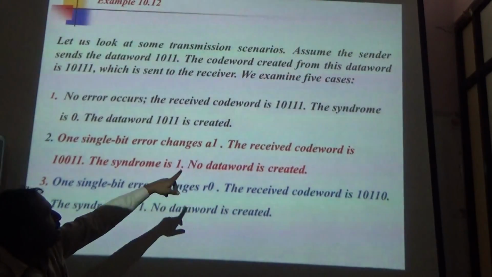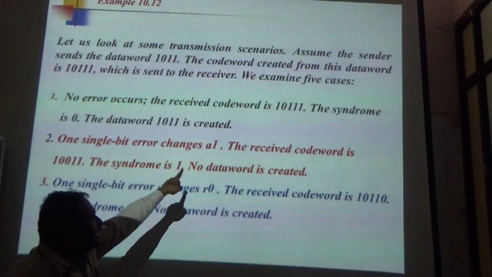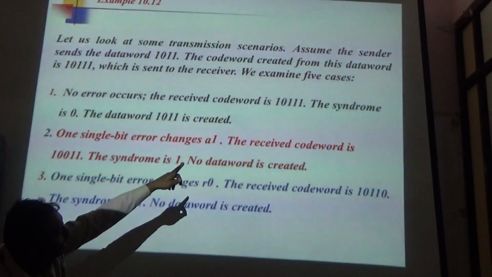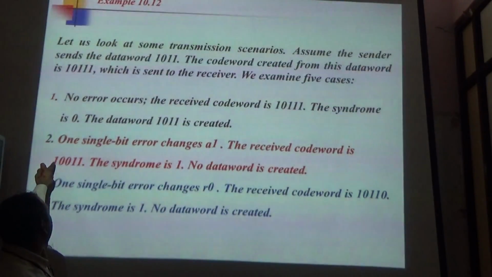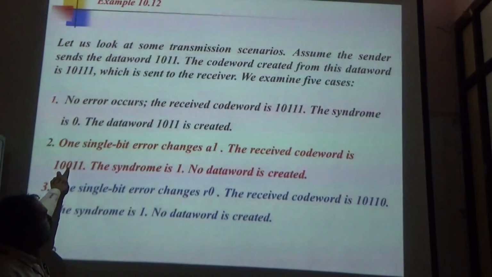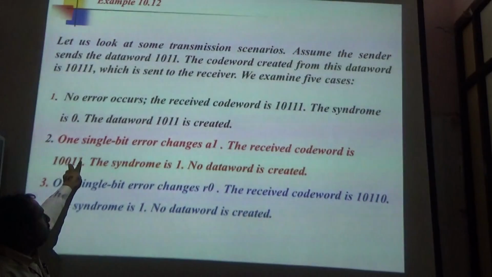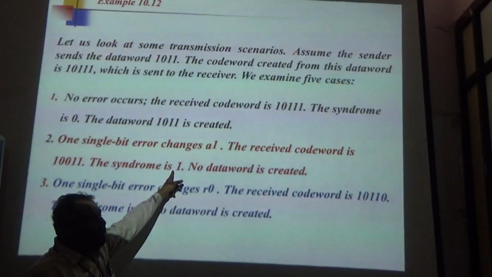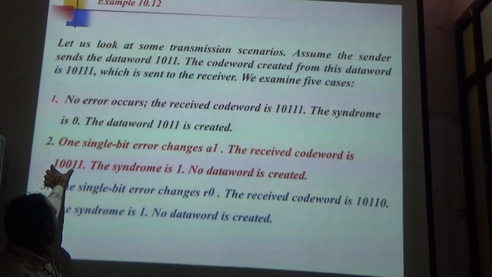So if it got changed, the received code word will now have the third bit changed. So the received word will be 10 with a 0 instead of 1 here, that is 10011.